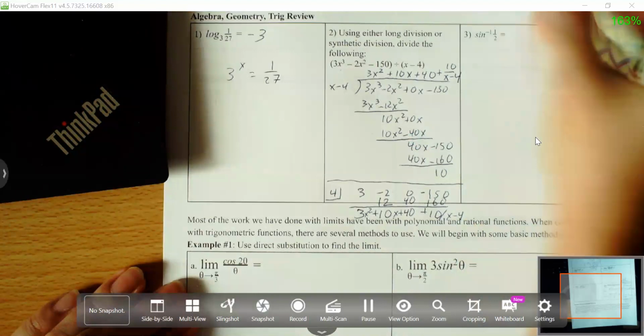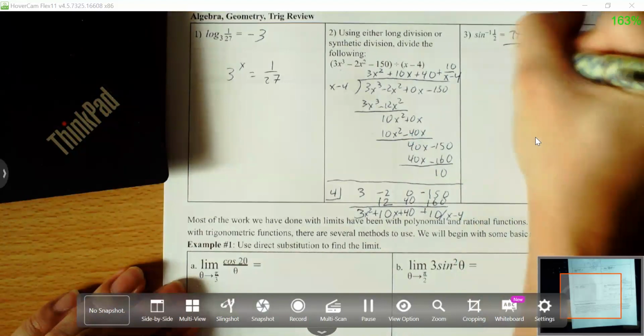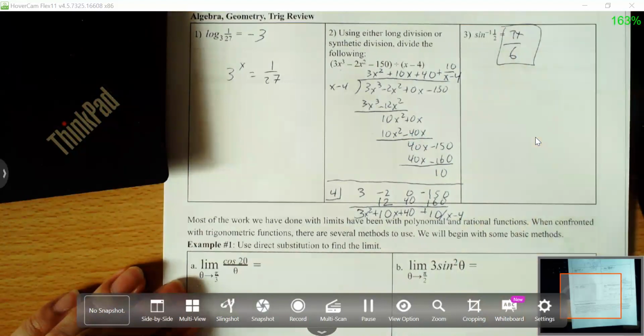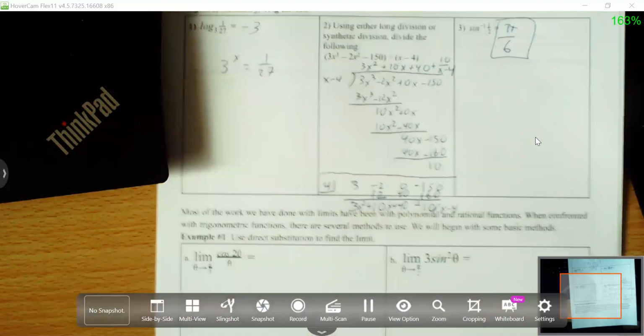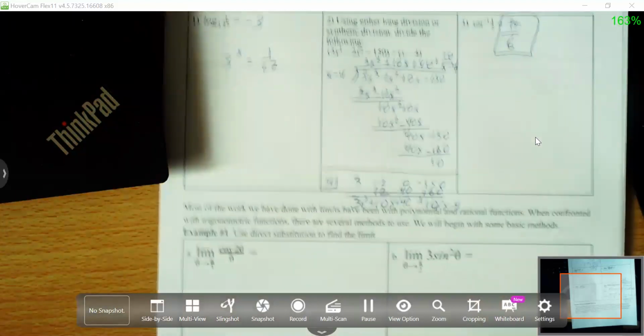That would be pi over 6. You are going to know how to do inverse trig, okay? Which is just knowing your unit circle. Not for today's class, but later on in the semester.